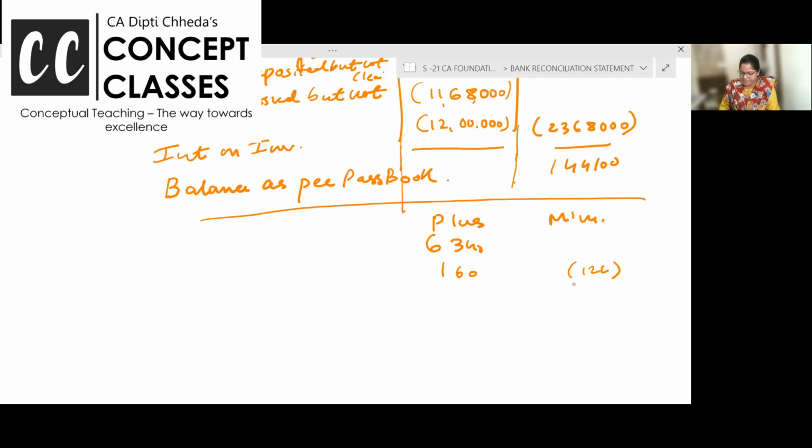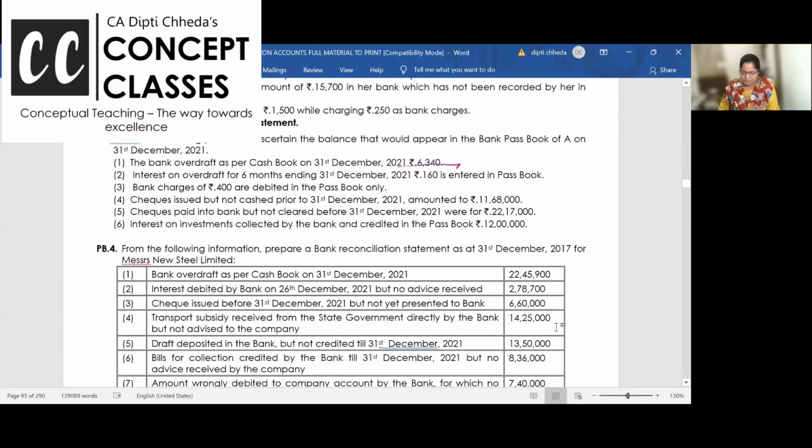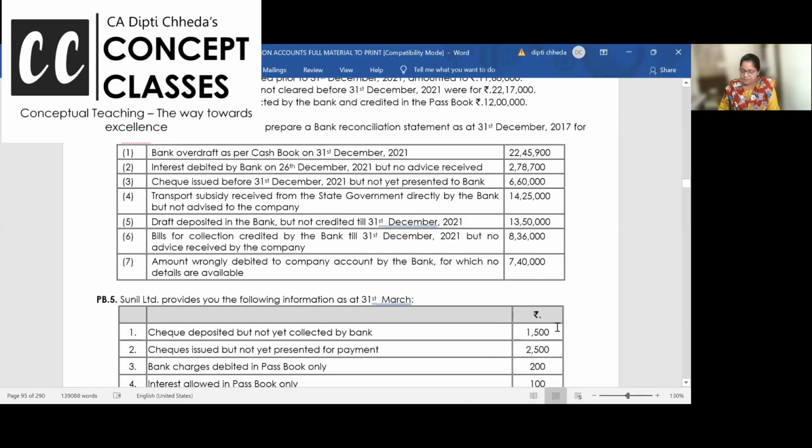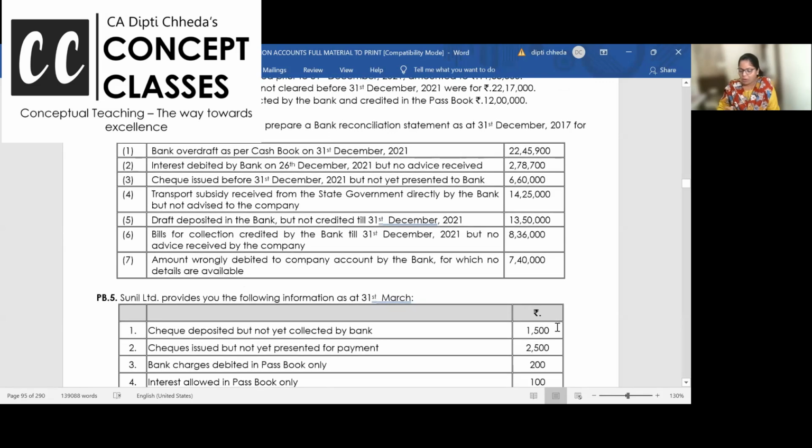Chalo. Let us go to the next problem now. Fourth problem. From the following information, prepare the bank reconciliation statement for the New Steel Limited.